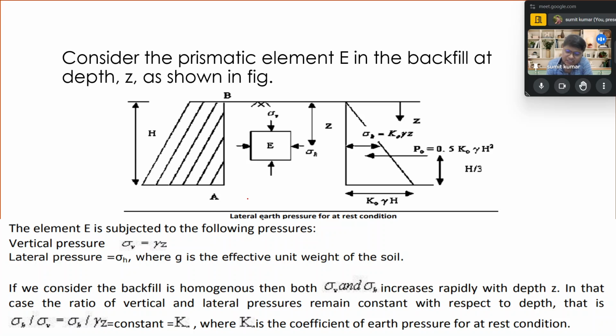In that case, the ratio of lateral and vertical pressure remains constant with respect to depth, that is, sigma h by sigma v equal to sigma h by gamma z equal to a constant K, where K is the coefficient of earth pressure at rest.